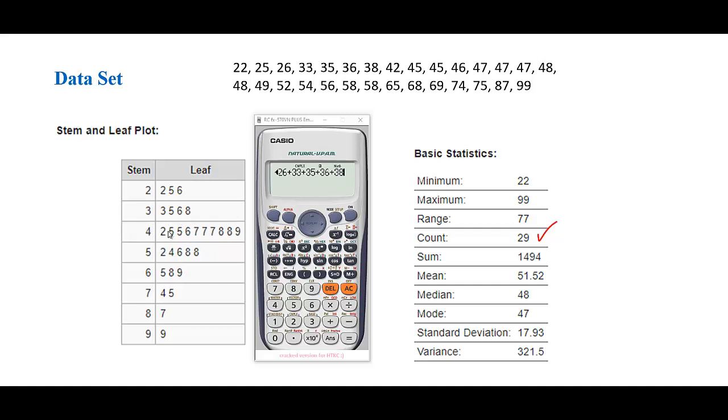Move to the third row: 42, 45, 45, 46, 47, 47, 47, 48, 48 and 49. Likewise, we will add all the numbers from this plot and the sum is 1494.